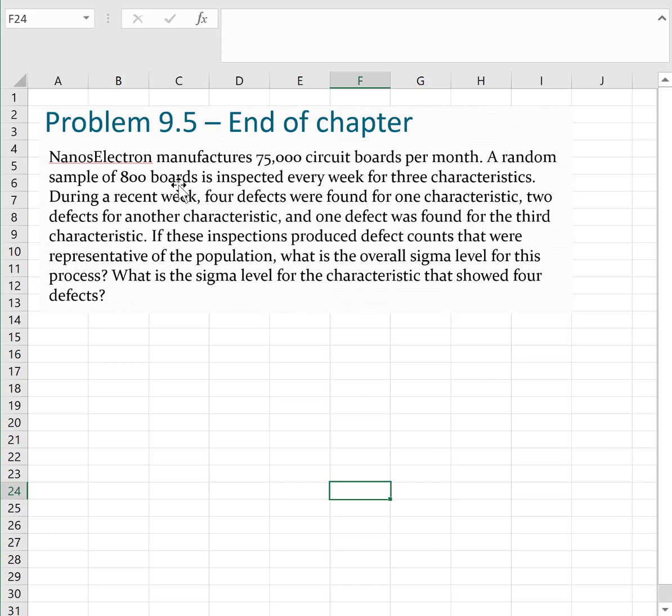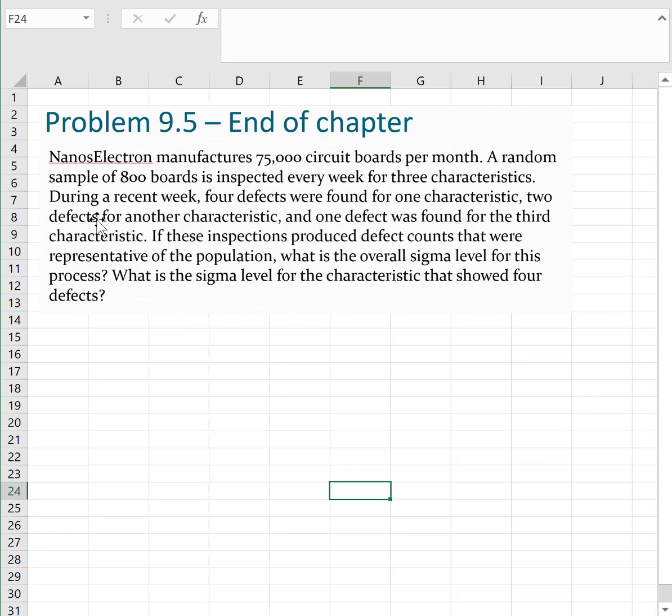Okay, and so now problem 9.5. This is similar in a way, but the opportunities are constant. So let's read this. Nanos Electron manufactures 75,000 circuit boards per month. A random sample of 800 boards is inspected every week for 3 quality characteristics.